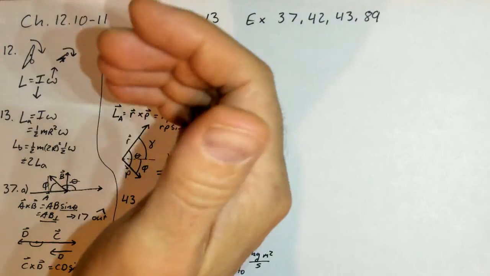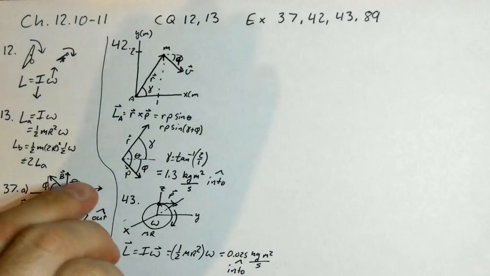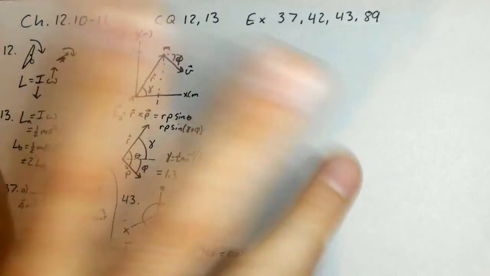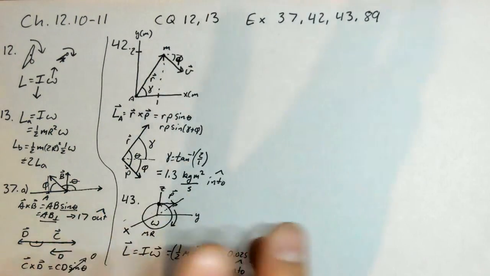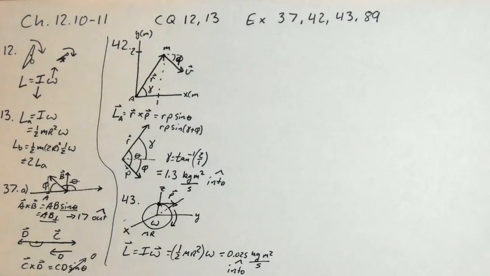So this works pretty good. It does the same thing, but it works pretty good for extended objects. You can still do this as I already did, but this also works if something's a larger extended object. You say, okay, what direction is it rotating? Curl your fingers in that direction, and your thumb will point in the direction of the result of the cross product. In this case, that would be L.